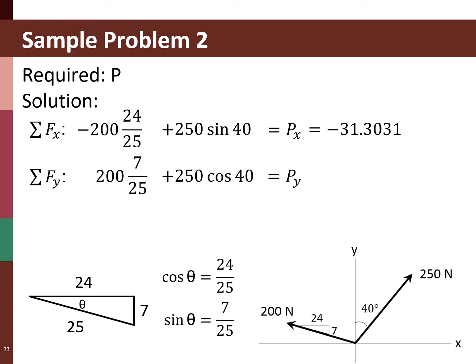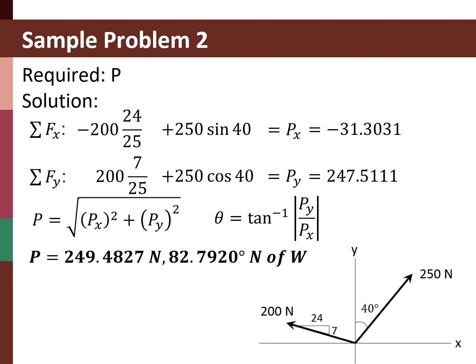This is equal to the y component of P, which is equal to 247.5111. Solving the magnitude of P, P is equal to 249.4827 newtons. Since the x component of P is negative and the y component of P is positive, P is found on the second quadrant. Therefore, P is directed 82.7920 degrees north of west.